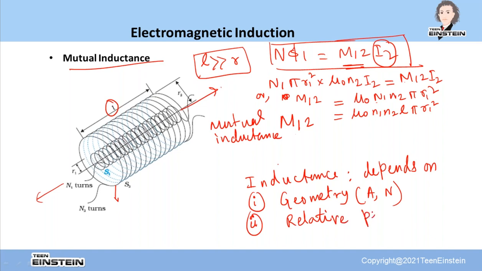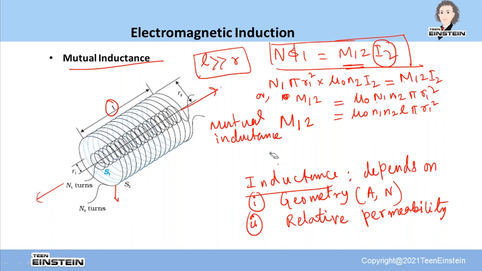These are the factors on which the inductance, whether mutual or self inductance, depends. You can look here, number of turns n1, n2, then length. These are all parameters related to geometry, shape and size, and n1, n2 are the number of turns per unit length, and this is the area, pi r1 square. So you can see this mutual inductance depends solely on geometry.